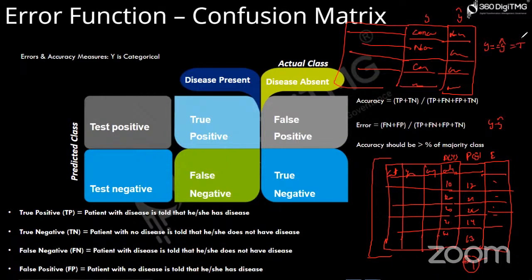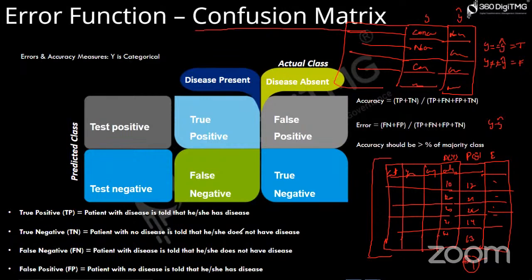In the same way, if they differ, it will be false. The matrix that we use to find these values is known as the confusion matrix.